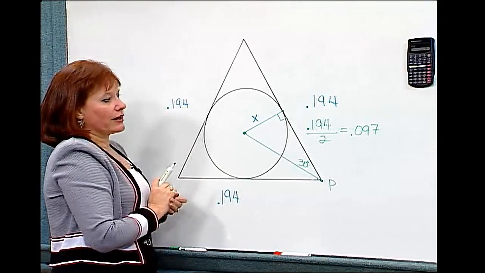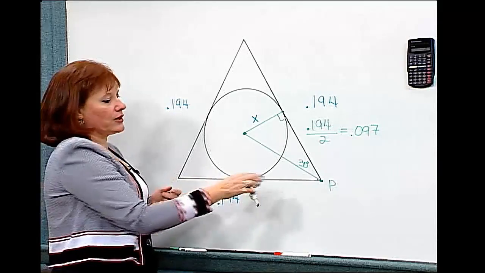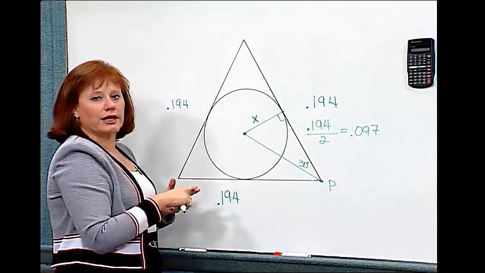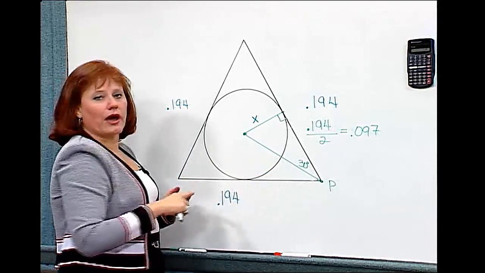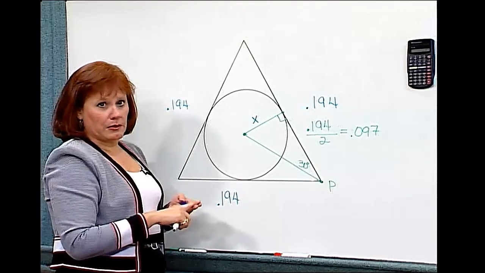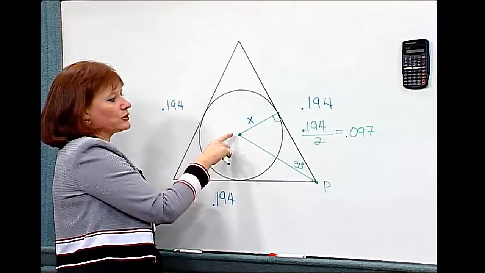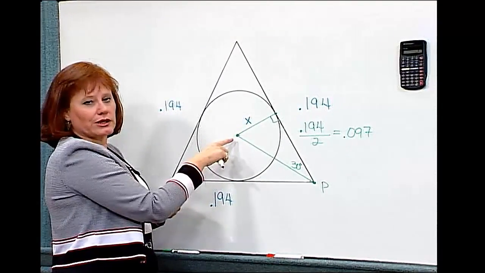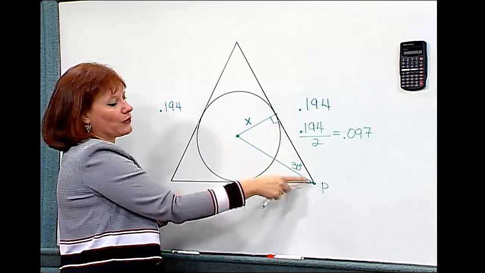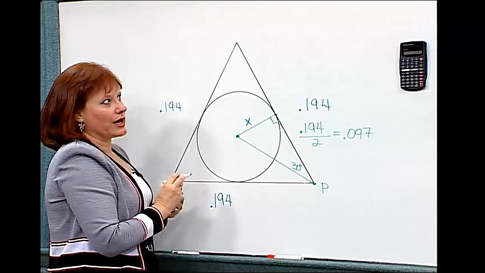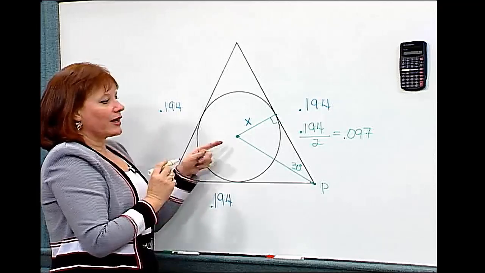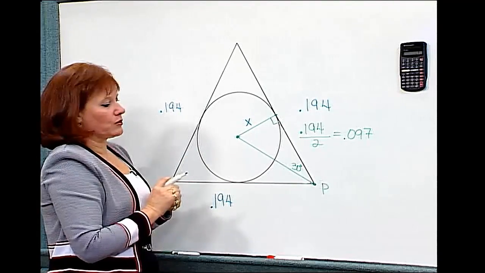If I'm looking for x, I'm going to think about the angle that I know, the 30 degrees. I don't know anything about the hypotenuse and I don't want to know anything about the hypotenuse. What I do want to know about is the side opposite the 30-degree angle, and I know something about the side adjacent to the 30-degree angle. So in order to find x, I'm going to use the tangent ratio.